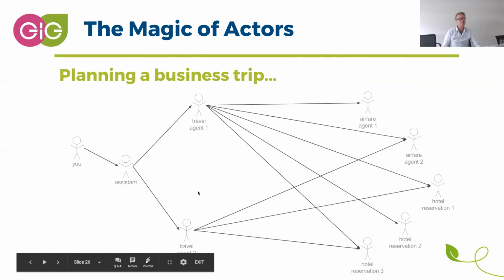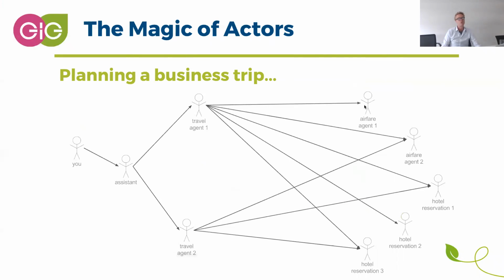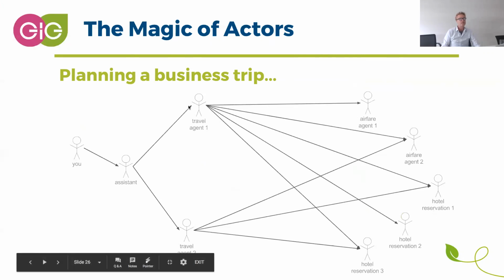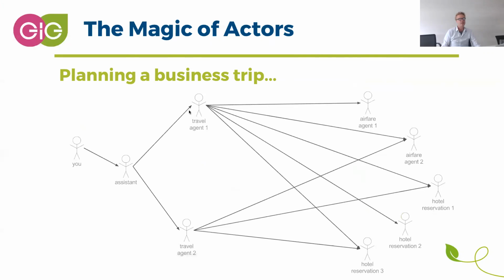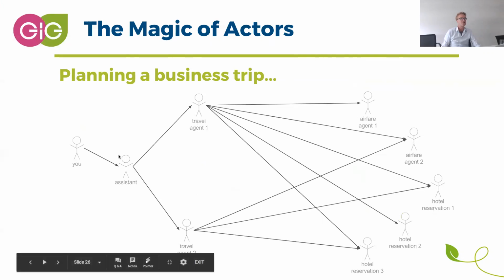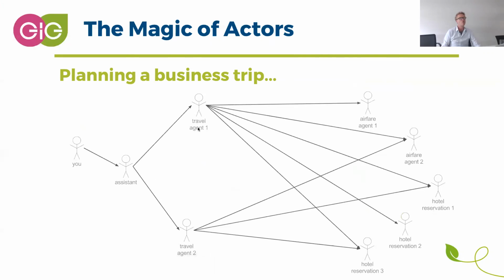Each travel agent will then talk to two airfare agents, a hotel reservation, and maybe check for a car. These will do that independently of each other, and they might talk to other airfare agents and other hotels. At the end, they come up with an offer to the assistant, and it's up to the assistant to decide which of the two is the most interesting one. That's where the word actor comes from.